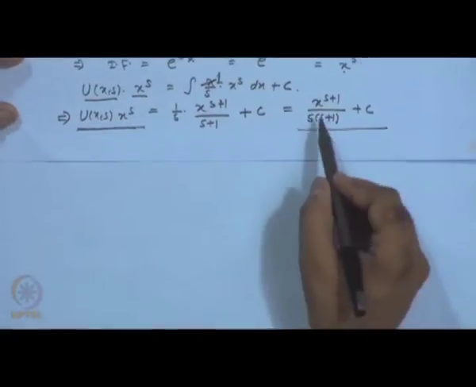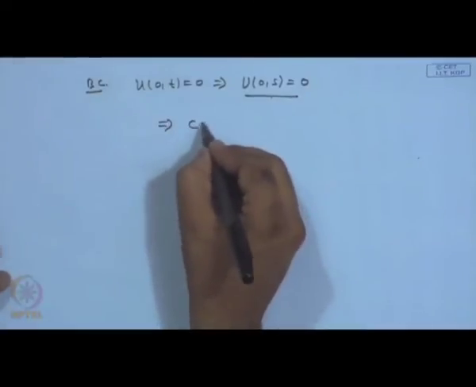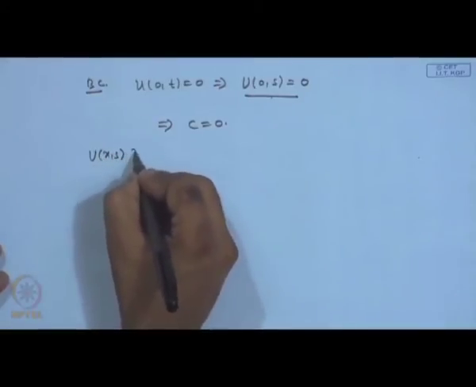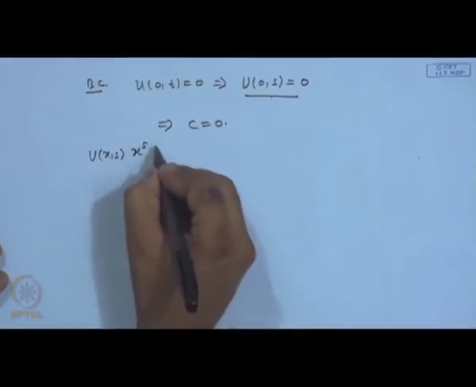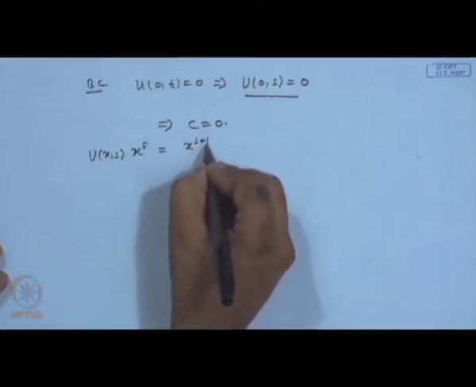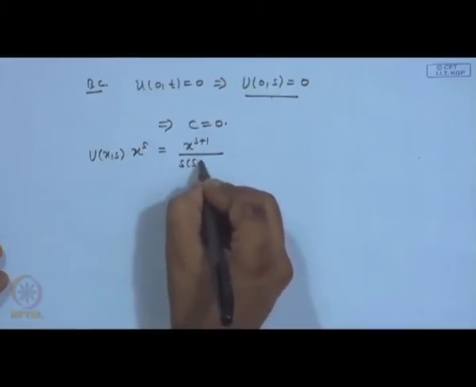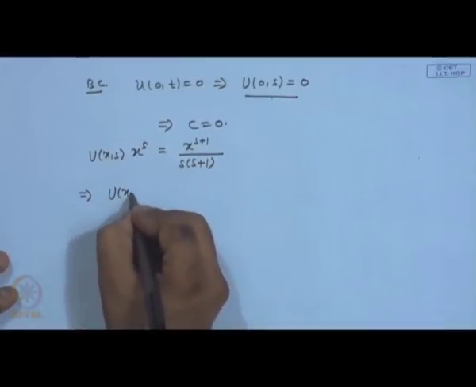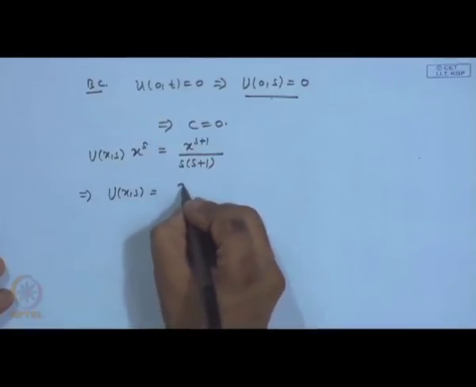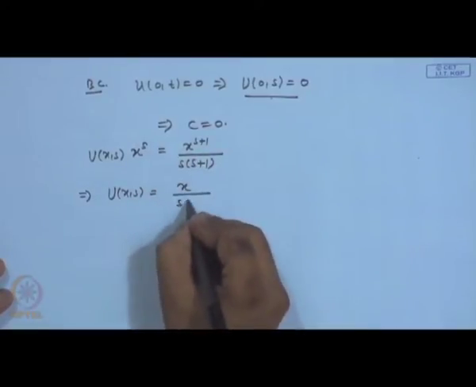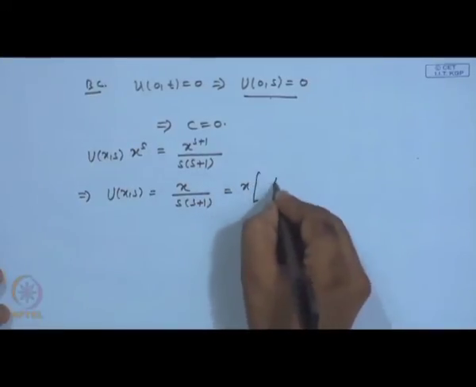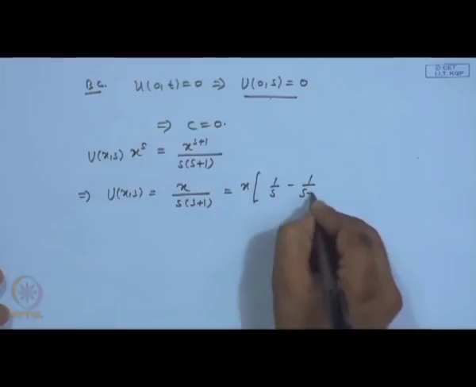Since x is 0, this is 0, and this implies that c is 0. So, u(x,s) is x over s times s plus 1, and then we do partial fractions. So, we have 1 over s minus 1 over s plus 1.